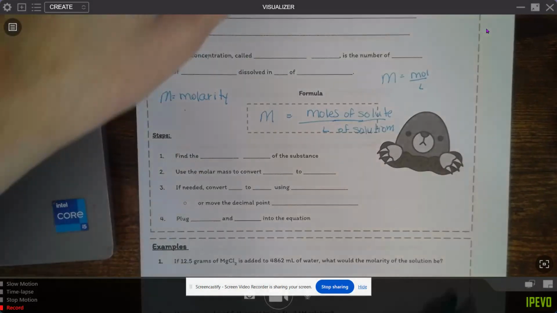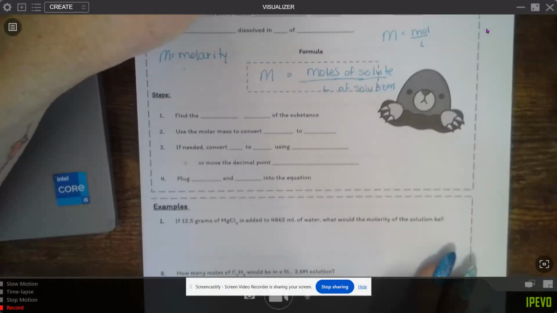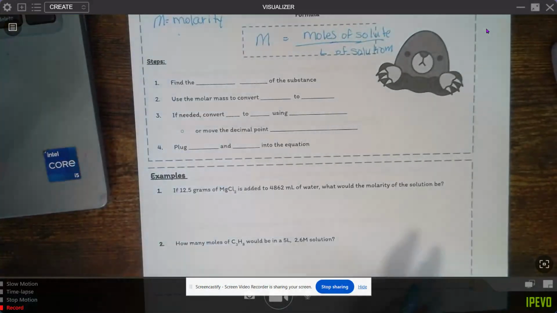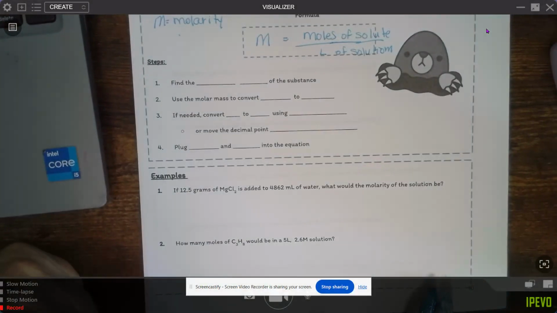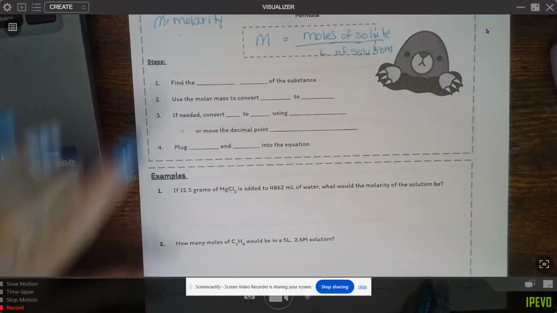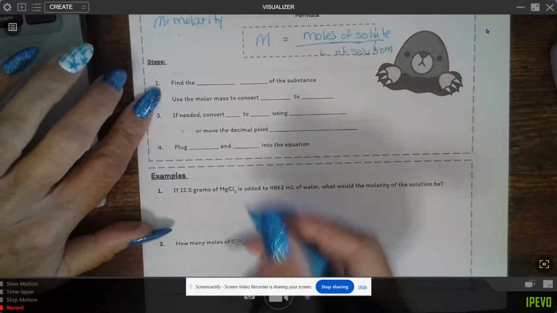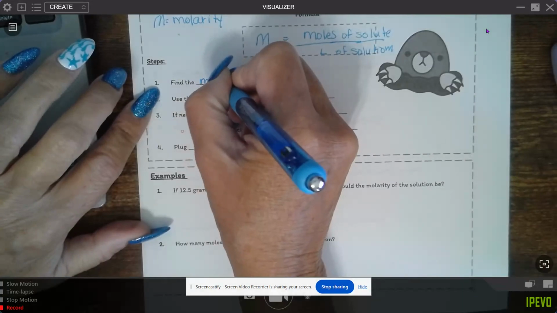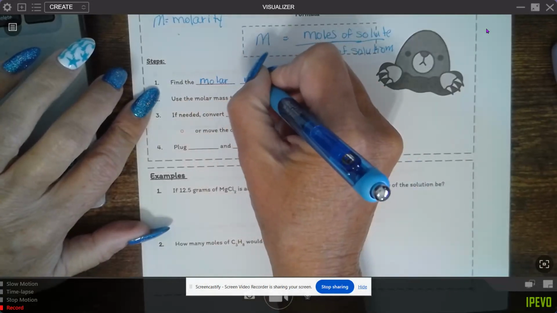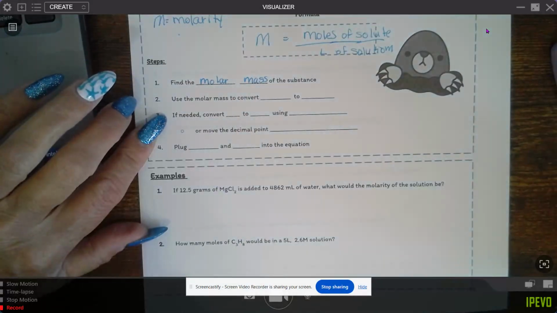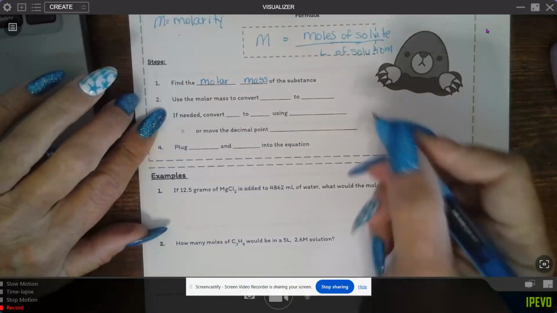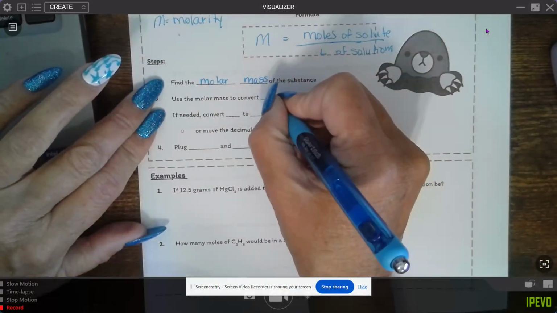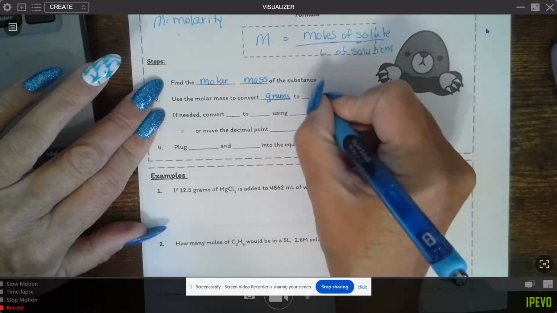When we do these calculations, we're always going to be looking for three things: the number of moles, the molarity, and the volume. The first step in most cases is to find the molar mass of the substance, and then use that molar mass to convert grams to moles.